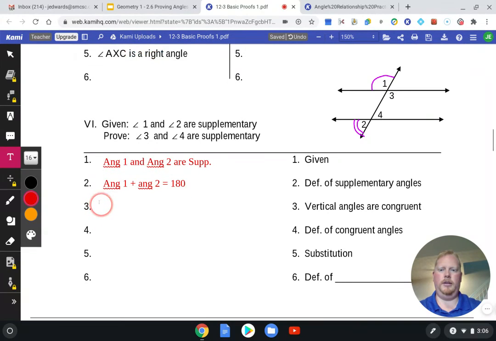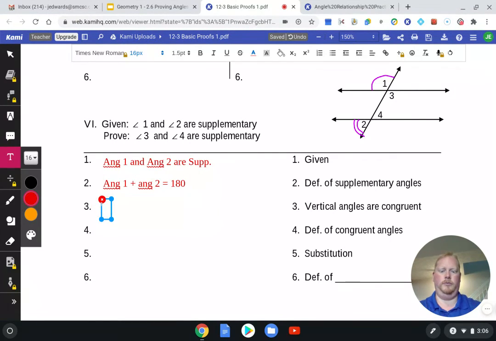All right. So step 3, it says vertical angles are congruent. So they want us to find some vertical angles in here. So I see 2 and 4 are vertical angles. So you know what? I'm not going to type anymore. I'm just going to go ahead and write this in.